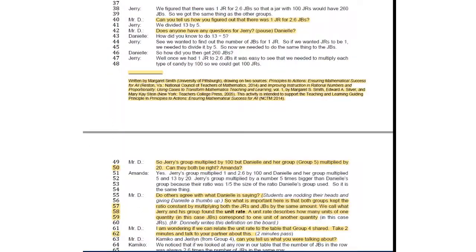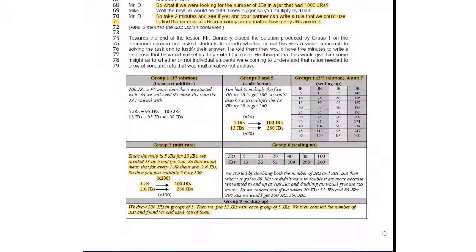So let's go back and take a look at what those groups did. Group 4 was scaling up with a table. Group 5 used scale factor, and group 2 used unit rate.